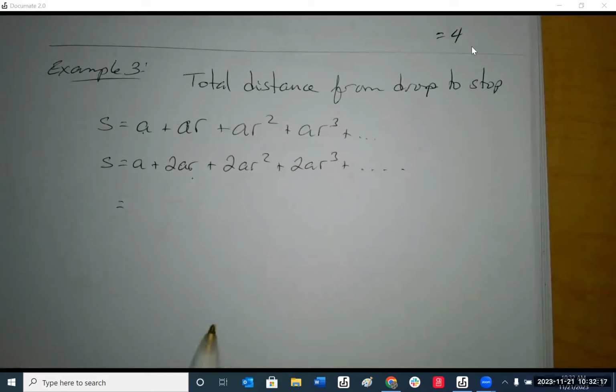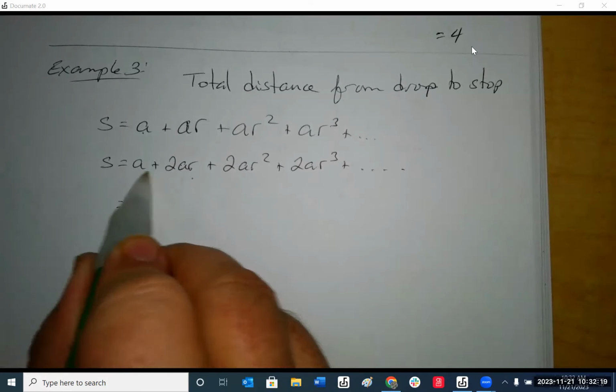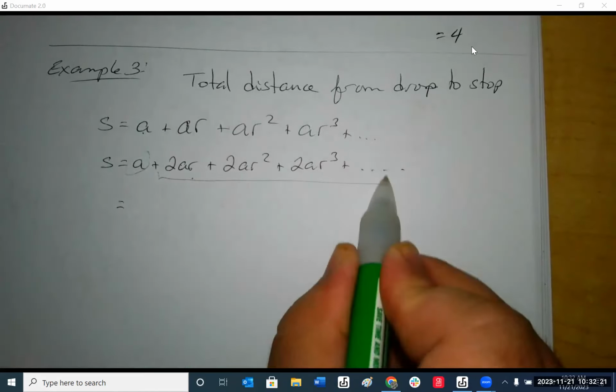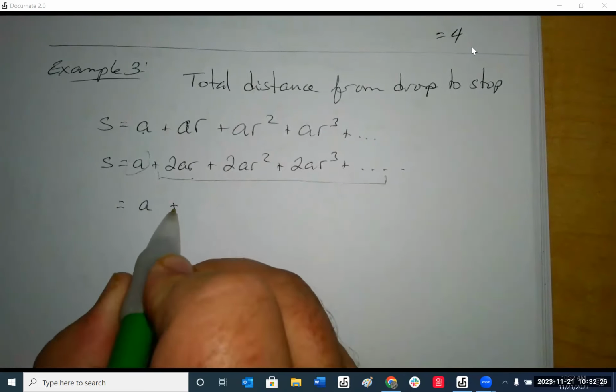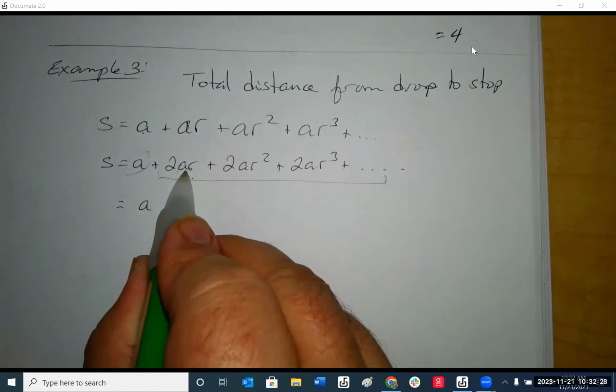So the sum of these, that's the original one. If we add up all these, we got 2AR.